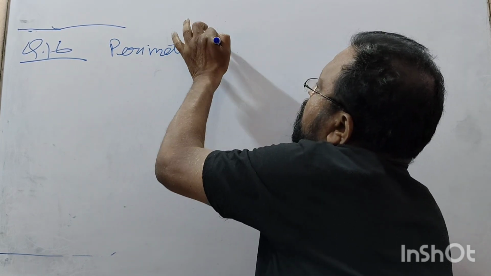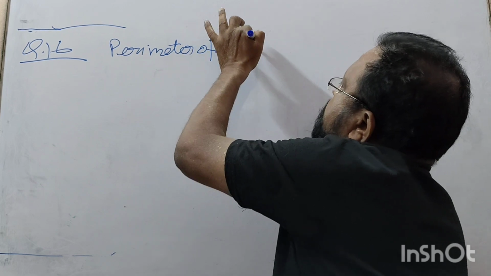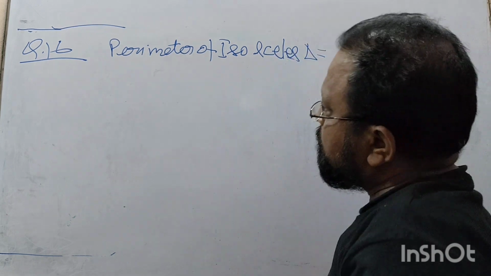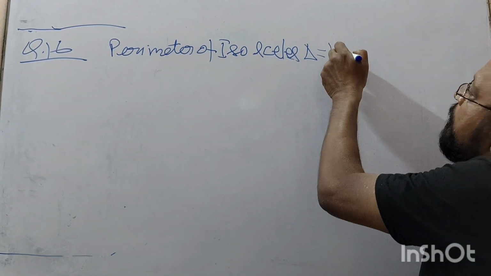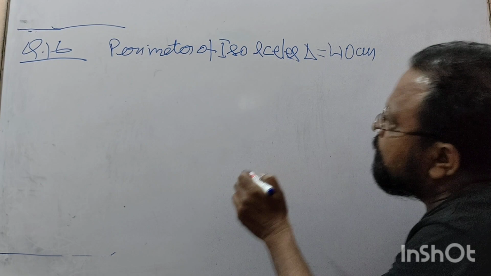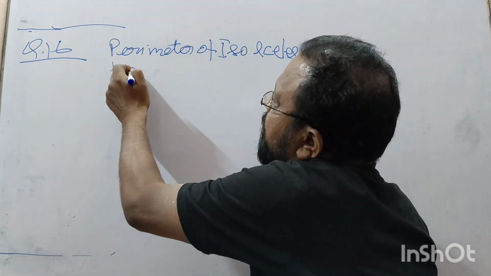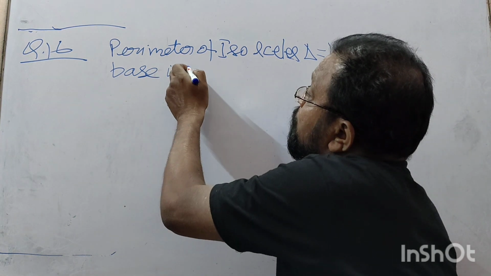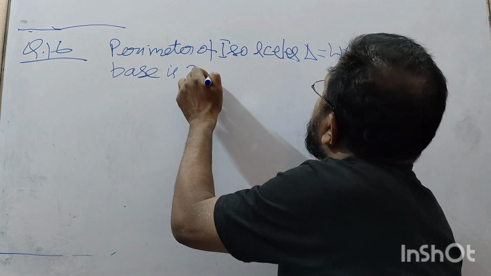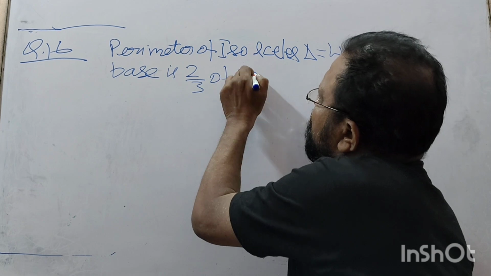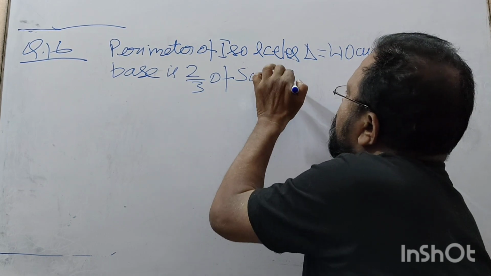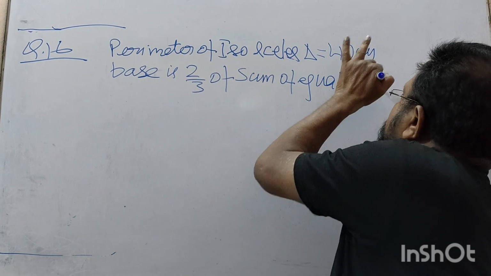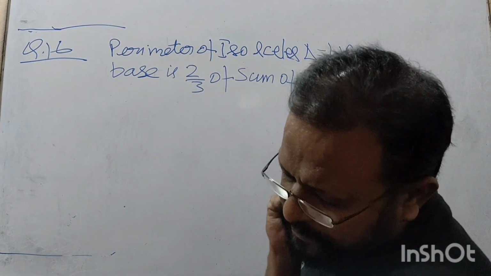The base is 2/3 of the sum of equal sides. Find the length of each side.